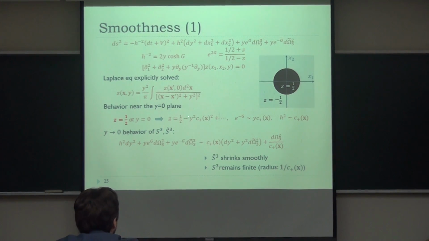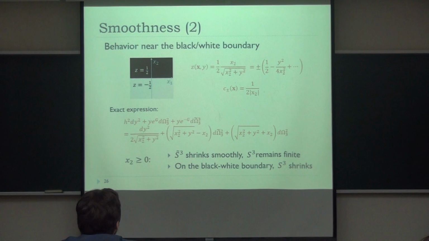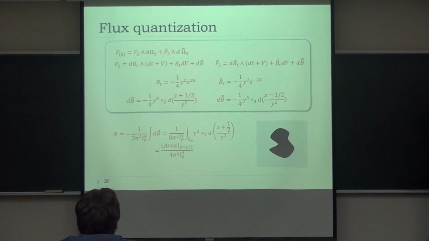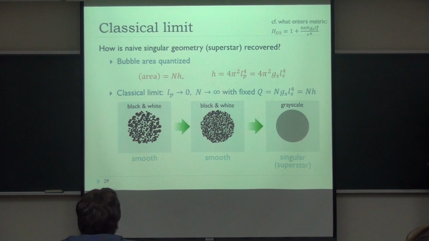For example, z had to start from 1/2, and then you have this y squared term, and when you compute g, you have this 1/2 minus z, and this is why you get y here. So if your z doesn't start with 1/2, then it's not going to cancel the thing, and the power in y is going to be really different, and your S3s don't shrink the right way. Okay, is this clear?